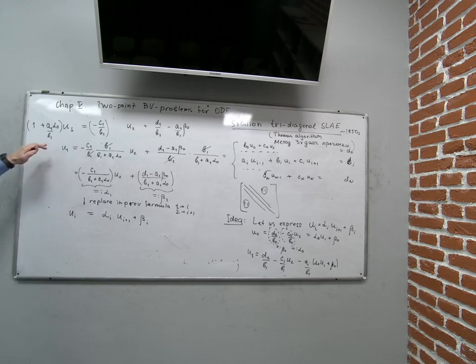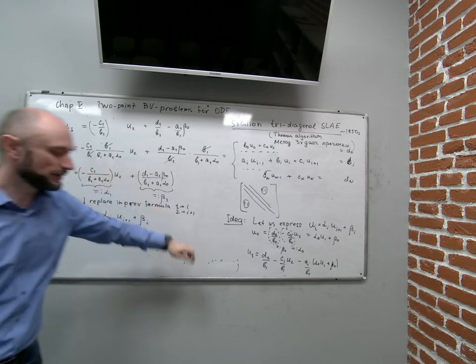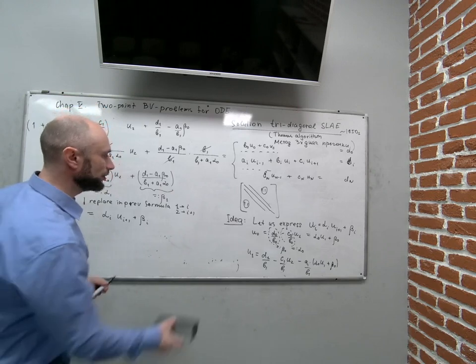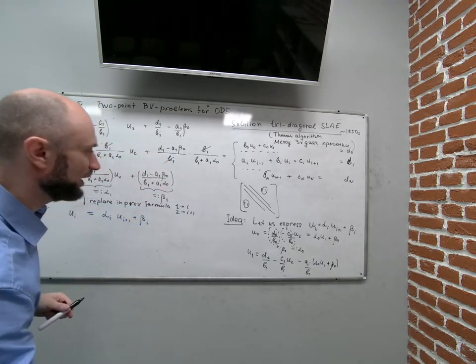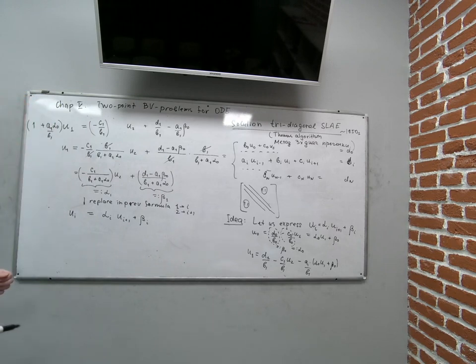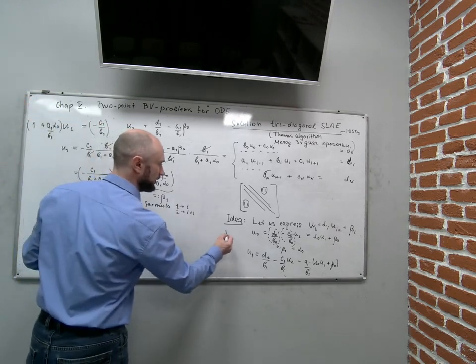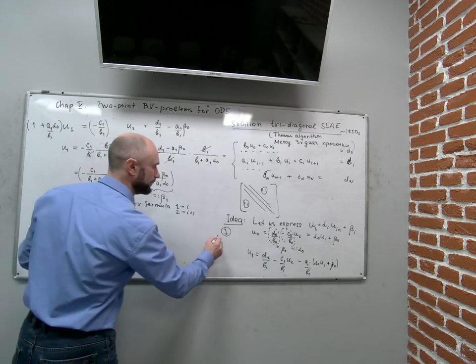So this procedure that we have just described is called the forward path or forward loop of the method. Stage 1, forward loop.